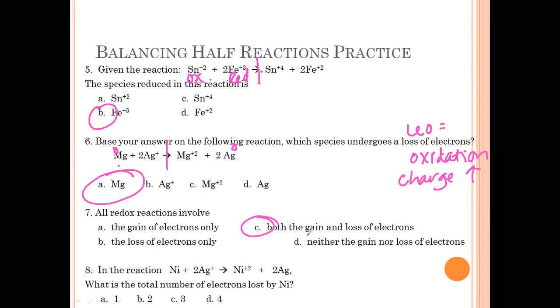It occurs simultaneously. And then number 8, in the reaction, what is the total number of electrons lost by Ni? Ni goes to Ni +2. It's 0 here, so it had to have lost 2 electrons.